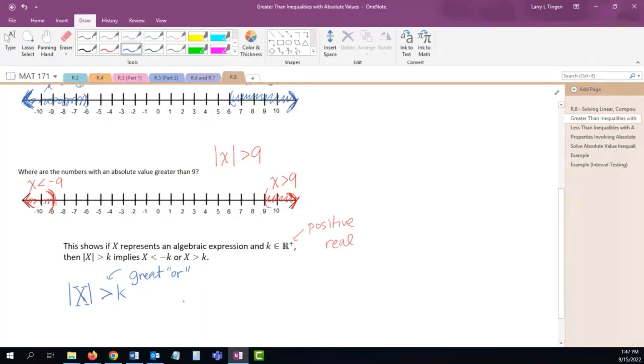If I have the absolute value of some algebraic expression is greater than some positive number, then I have an or situation where my algebraic expression is greater than k, or my algebraic expression is less than -k.